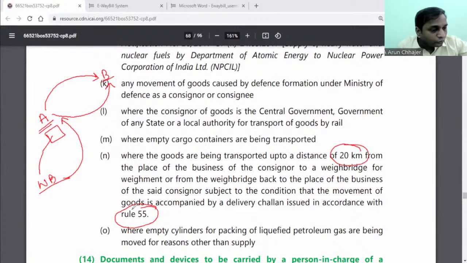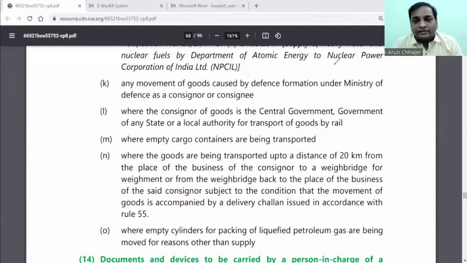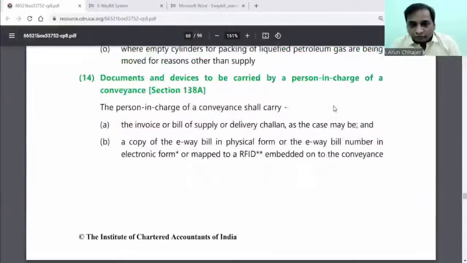If the goods are being moved for the weighbridge weighment purpose, from the place of business of the consignor to the weighbridge, then there is no requirement of the e-way bill, provided it is supported by the delivery challan. Where empty cargo, empty cylinders of the packing of LPG gas are being moved, other than for supply, then there is no requirement of e-way bill. So before moving to Rule 138A, let me discuss certain questions.